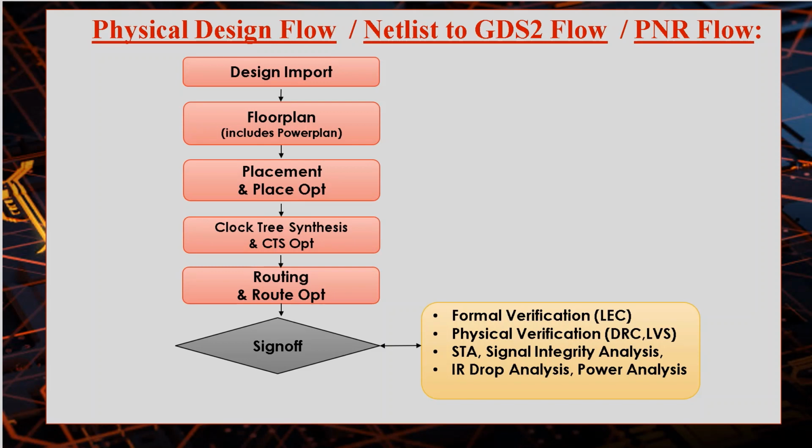After verification and sign off, if there are any errors or issues found, the fixes or changes are made. This stage is called the ECO stage. ECO means engineering change order. In the ECO stage, or ECO route or reroute stage, routing is done for the ECOs.